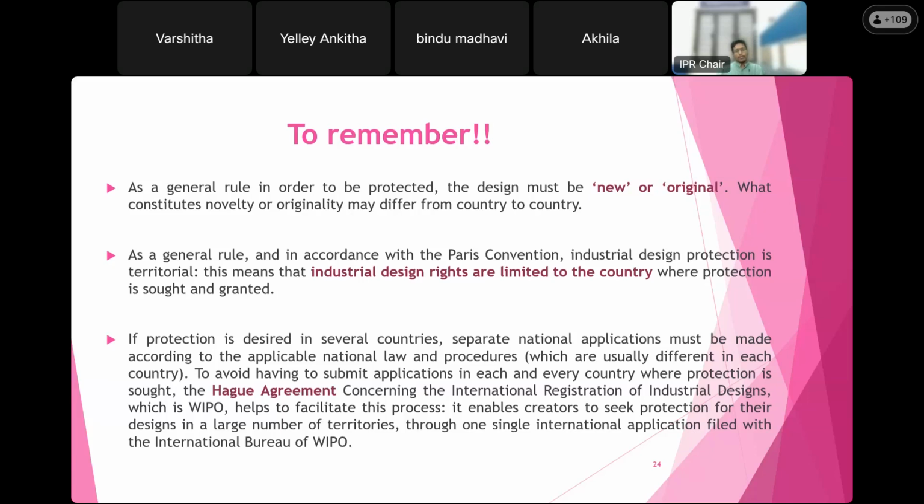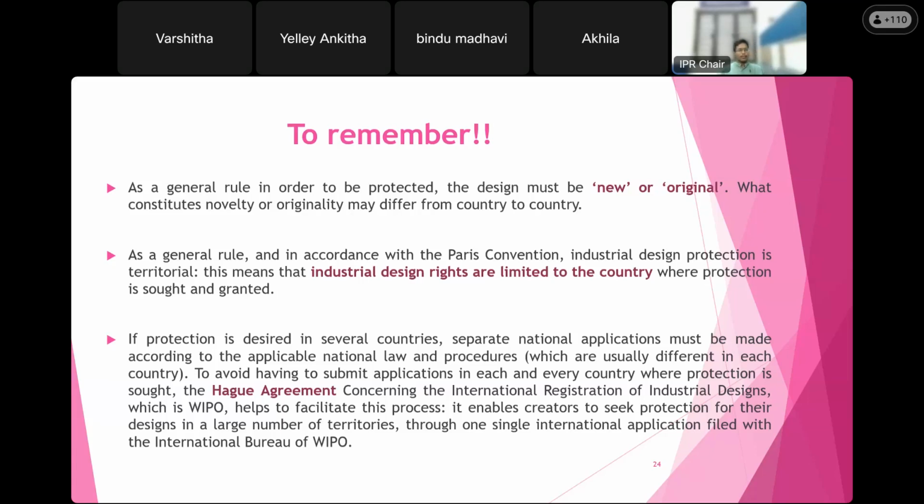It enables creators to seek protection for their designs in a large number of territories. For example, if you want to protect the same design in some other country, you have to file there within 6 months as well. Maximum you can file in 3 or 4 within 6 months. It is very difficult if you want to file in more than 3 or 4 countries within 6 months.